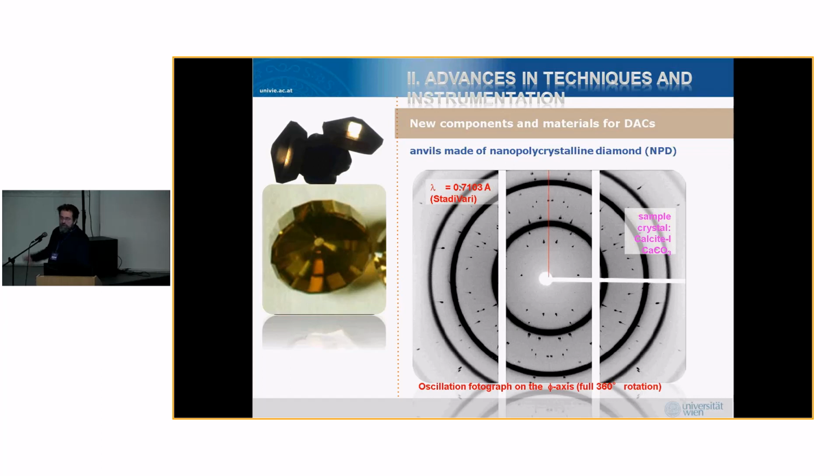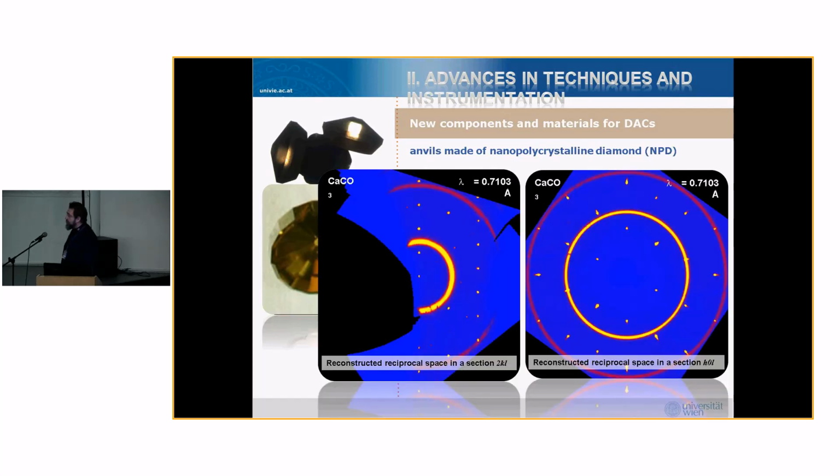So it's a little bit difficult to say if it's really the advantage worth spending the money for this material. So here another few of these images, what we have done with these nanopolycrystalline diamonds in my lab, using a conventional instrument with a conventional microsource, but having then the reconstructed reciprocal space as collected from a Pilatus detector.